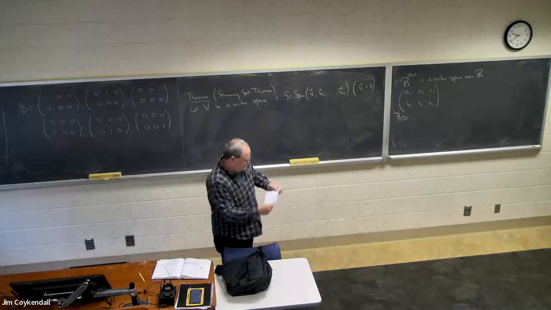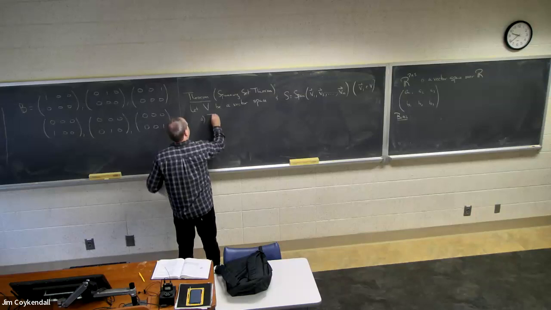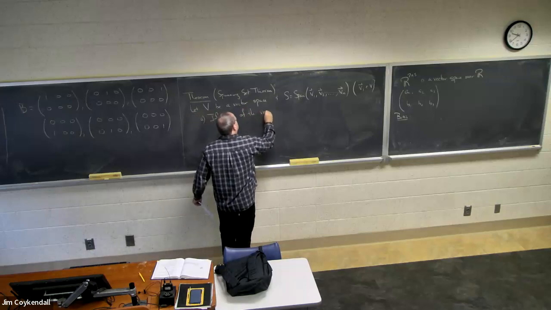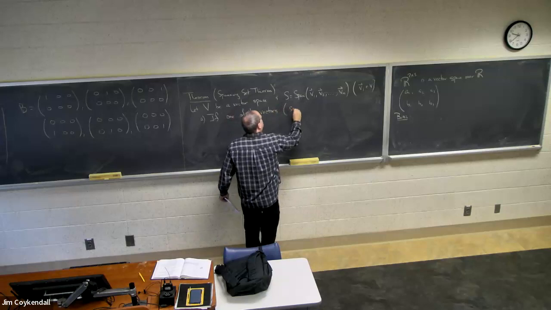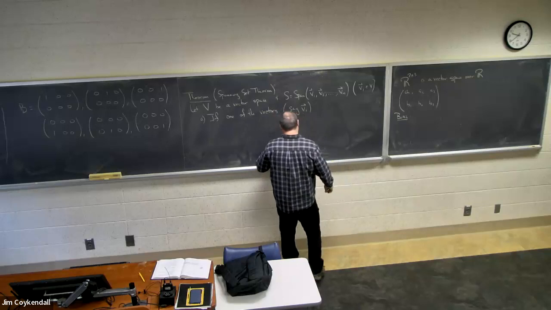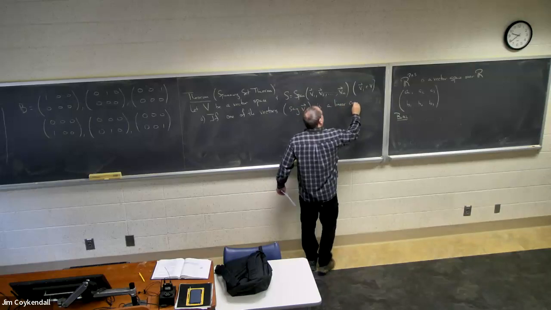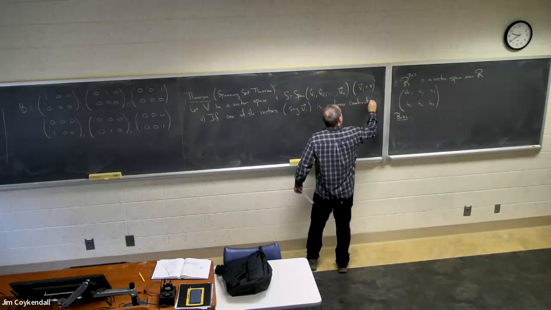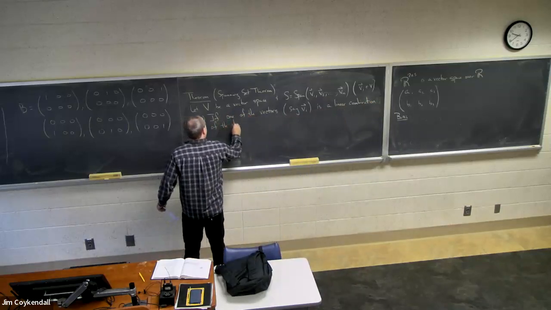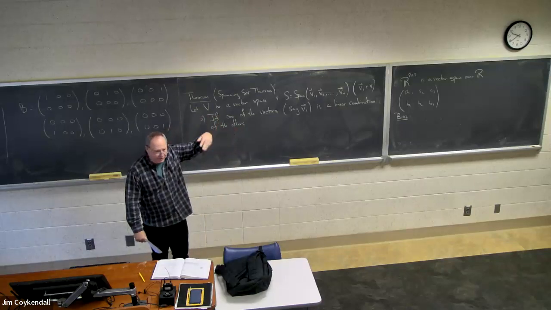So let me be precise here. If one of the vectors, we'll say the ith one, Vi, is a linear combination of the others, then you can throw it out because it's a linear combination of the others.